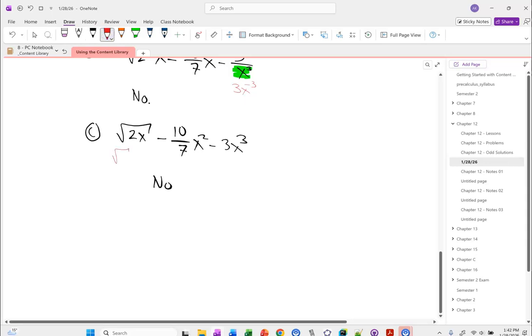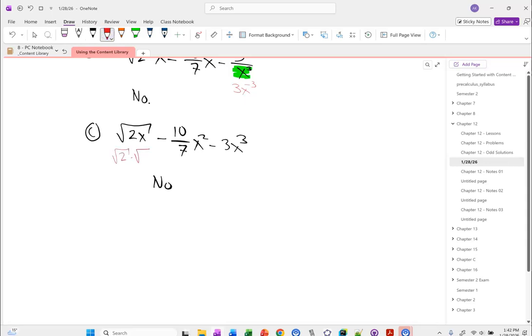Remember that because the root is over both of them, that's the same thing as this, which is the same thing as, a square root is the same as a fractional exponent. What's wrong with that? Not a whole number. So that's the reason why it's not a polynomial.